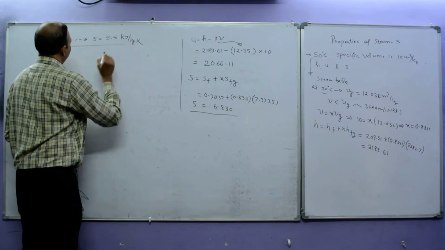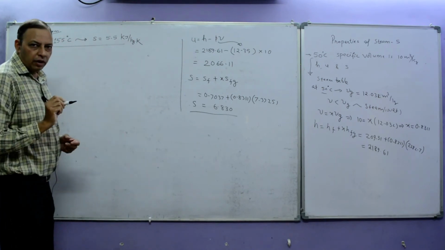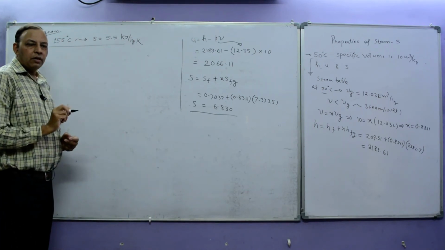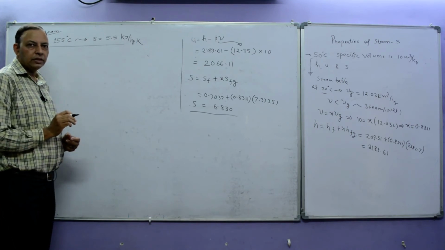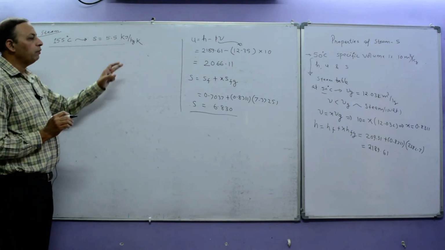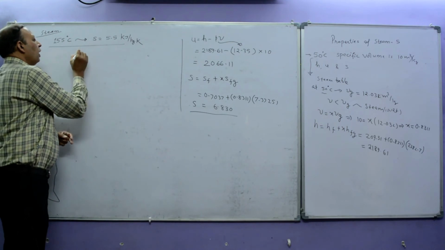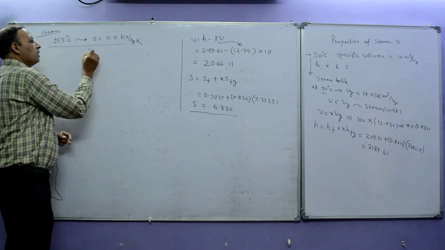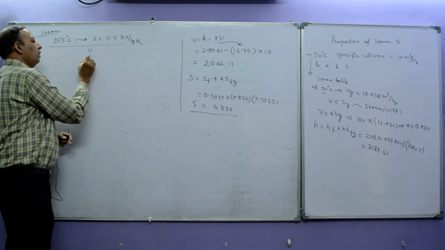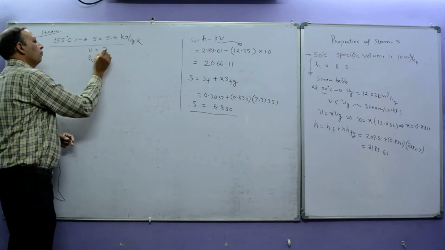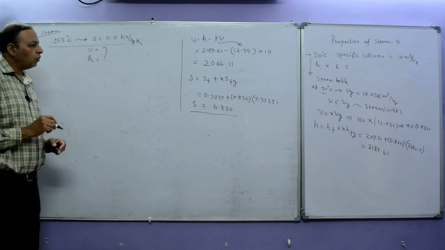This is the question. Steam is available, its temperature is 155 degrees Celsius, and its entropy is 5.5 kilojoule per kg. You have to calculate its specific volume and its enthalpy. Process is same.